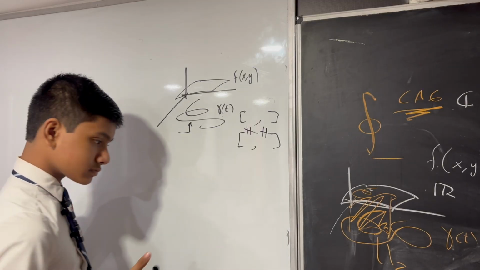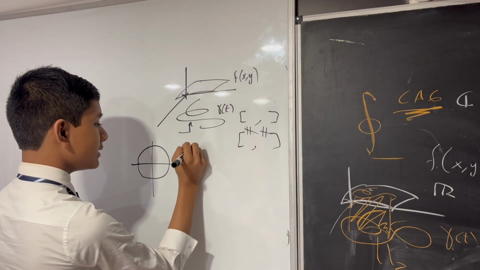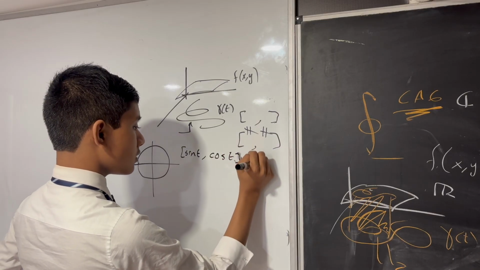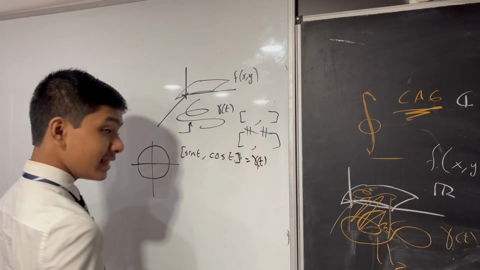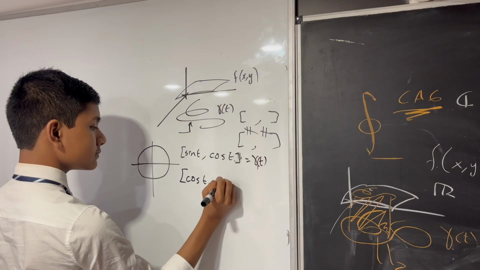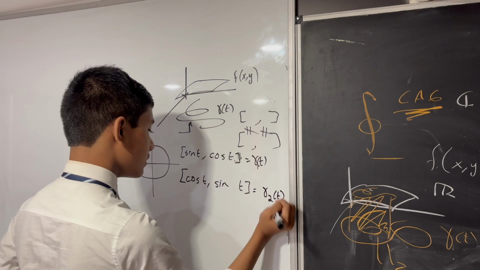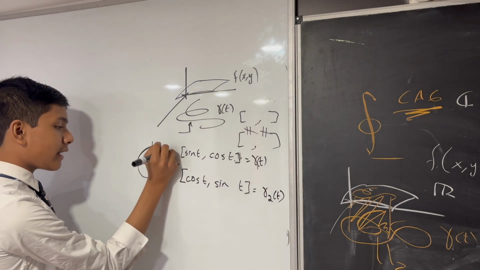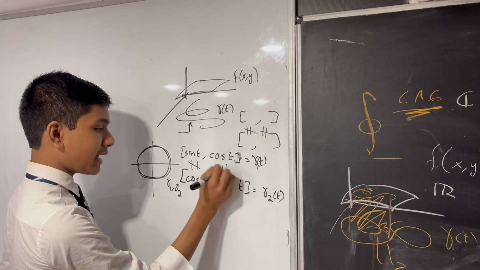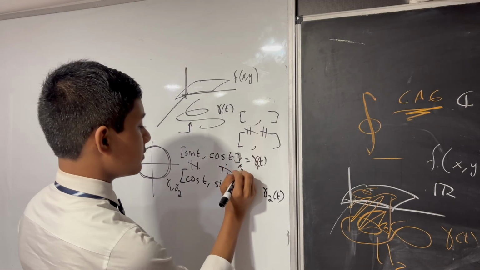For example, take sine t, cosine t, and then take the totally different cosine t, sine t. And both of these, when graphed on the plane, have the exact same graph, even though their respective components are definitely not equal to one another at the same time.